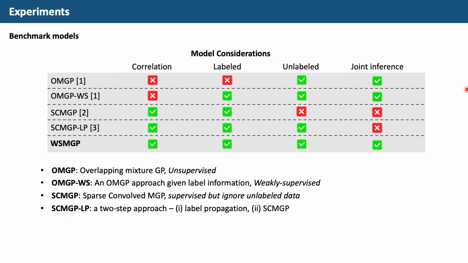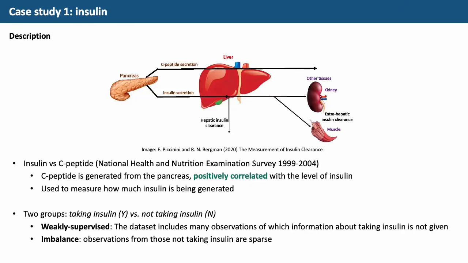Therefore, the comparison with OMGP-WS will show the ability of our approach to leverage correlation between outputs. Also, we can see if our model can leverage information from unlabeled data through the comparison with SCMGP.